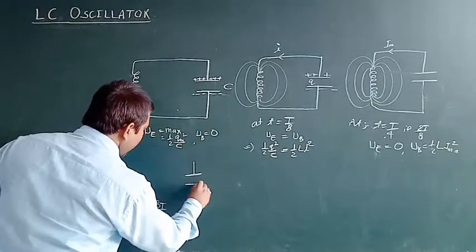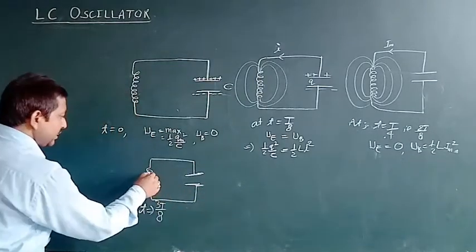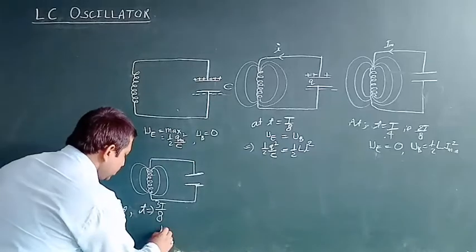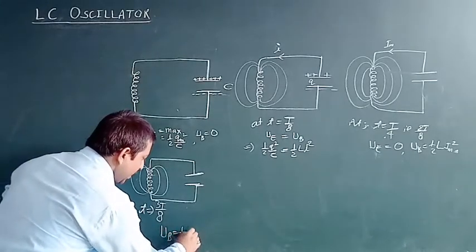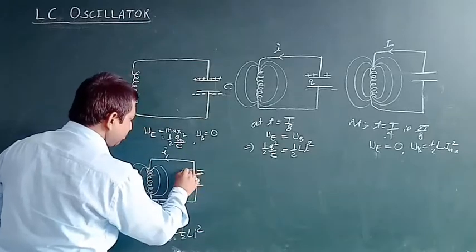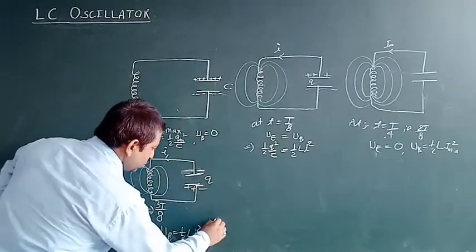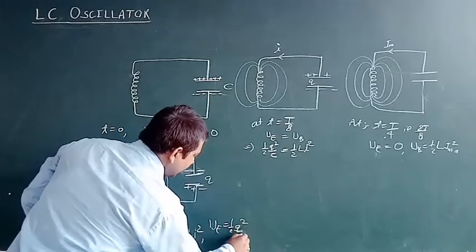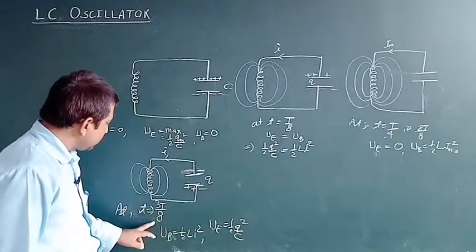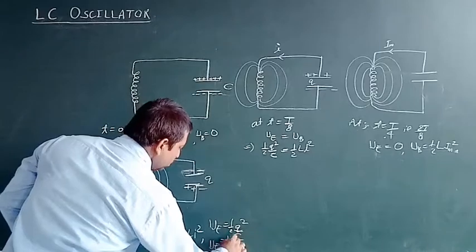The capacitor will start charging, so the electromagnetic energy stored across the inductor leaks down, and suppose that at that time the energy stored across the inductor, UB, is half of L I square, then the charge stored across the capacitor will be Q. So at that time the energy stored in the capacitor will be half of Q square by C. Since the time is 3T by 8, it means 3/8 of the time period of oscillation, at that time you can write UE is equal to UB.